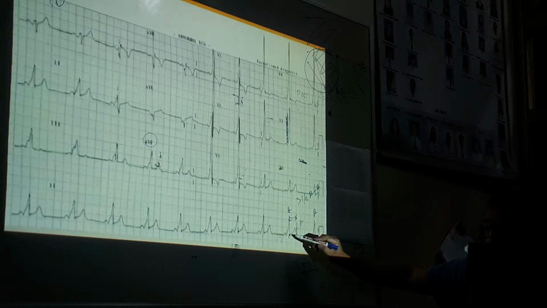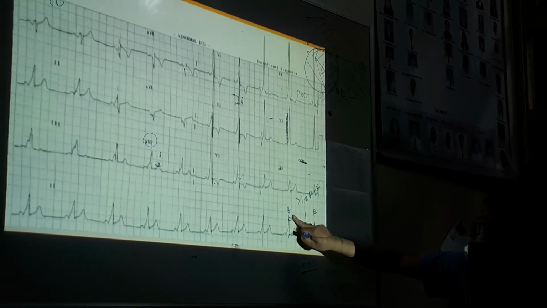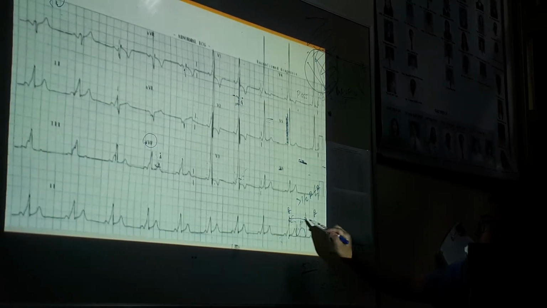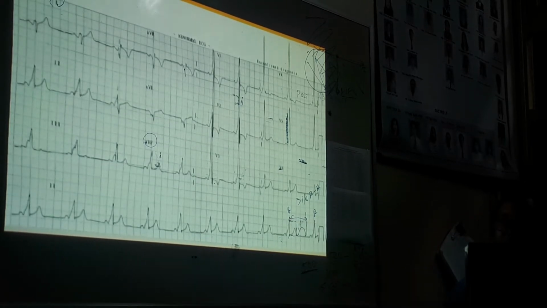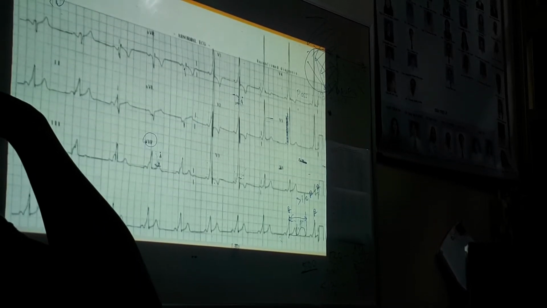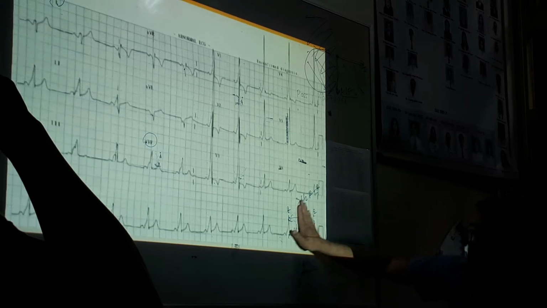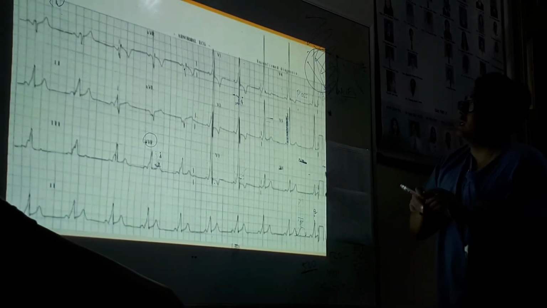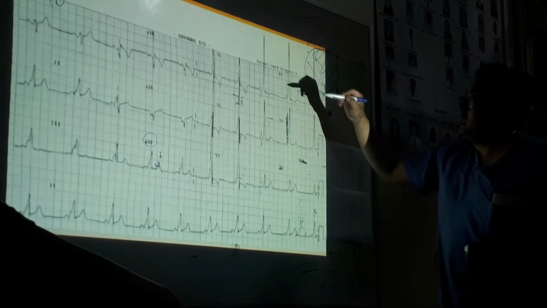So if this came out to here, and this is your QT, it's greater than 1/2 of that R to R, then you would be worried about a long QT.